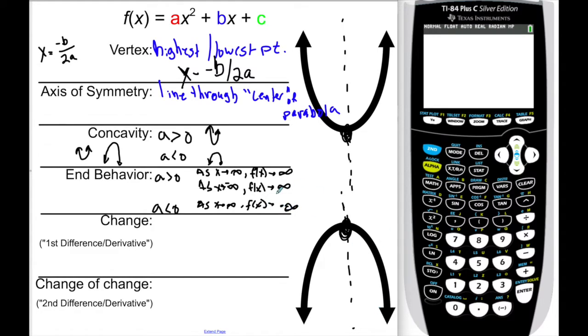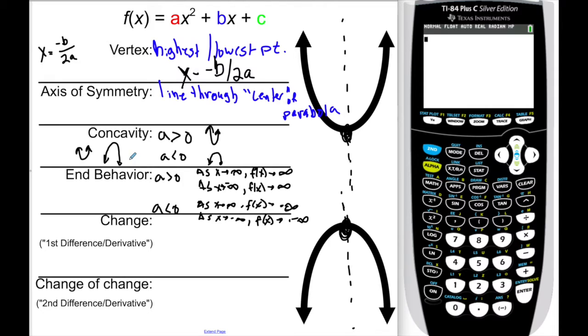And the same thing as x goes to negative infinity, f of x goes to negative infinity. So the concavity and the end behavior match up. You notice by the arrows that the end behavior is always the same with regard to your f of x: either always going to infinity on both sides or always to negative infinity.